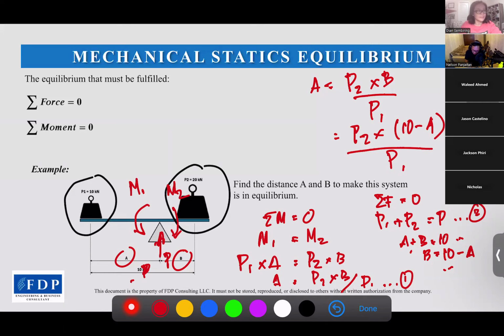So we can get A from this, right? P2 is 20. So A equals (200 minus 20A) divided by 10.